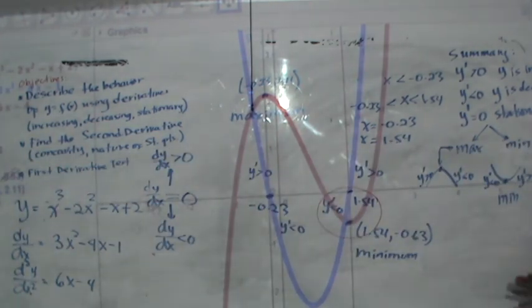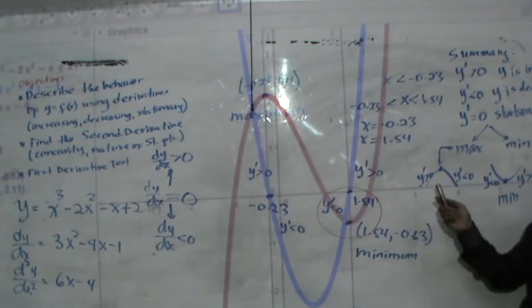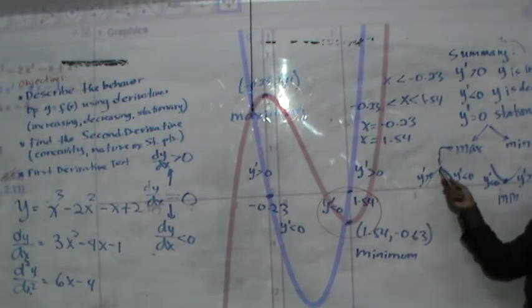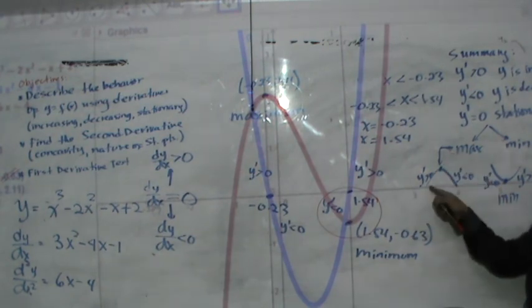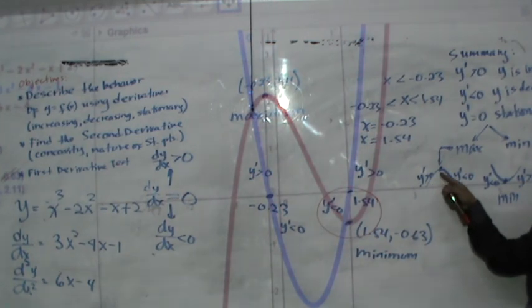So what is again the first derivative test? The first derivative test tells you that if the derivative is changing from positive to negative, the stationary point is maximum. If the curve is increasing because it's greater than 0, then decreases after the stationary point, then that stationary point is maximum.